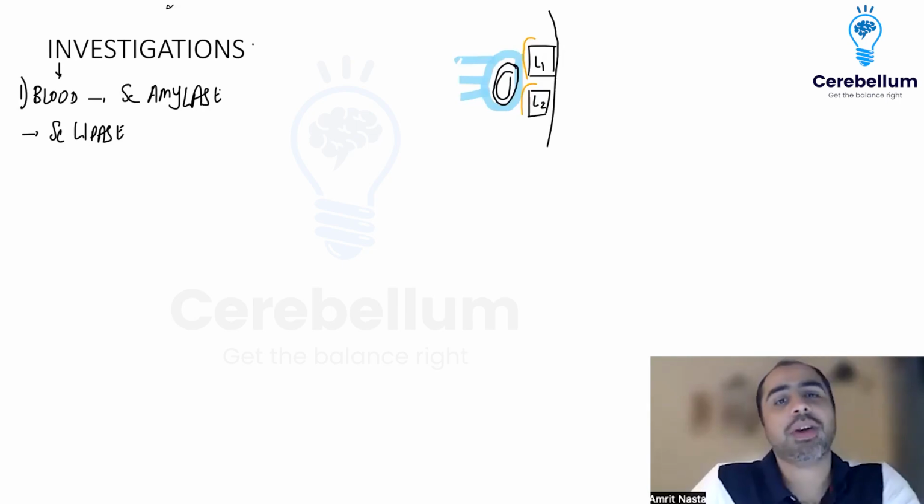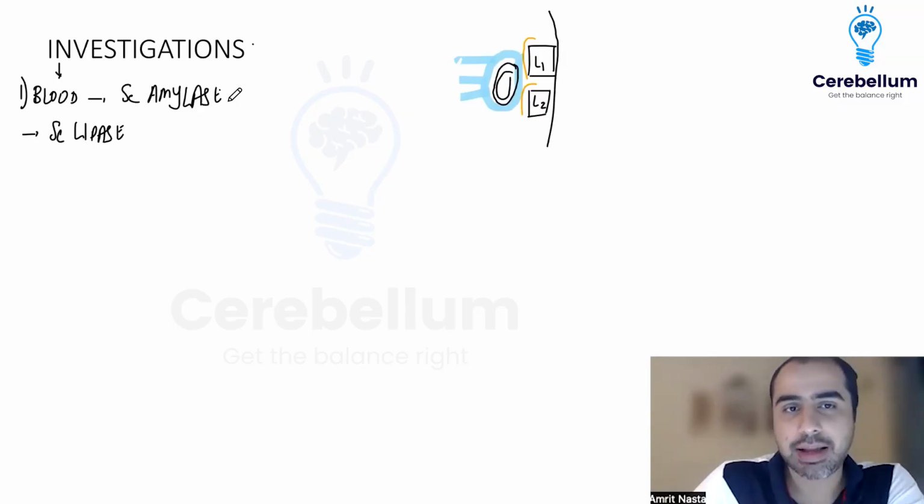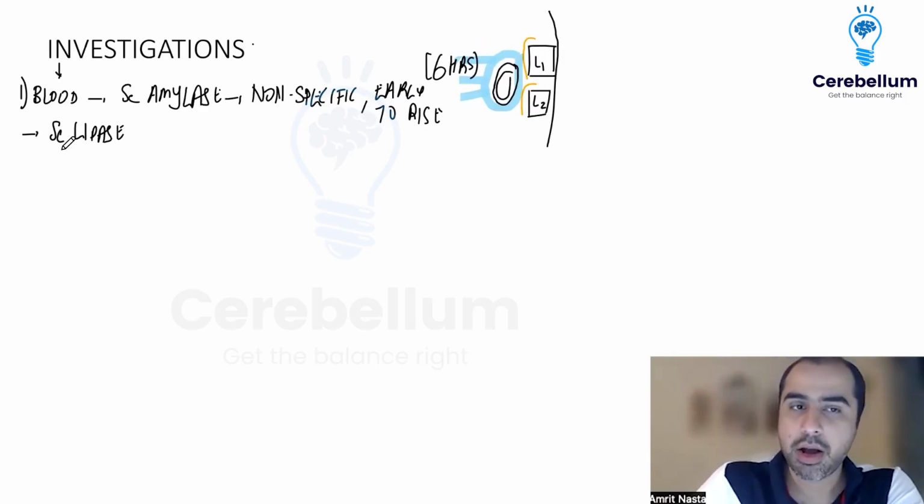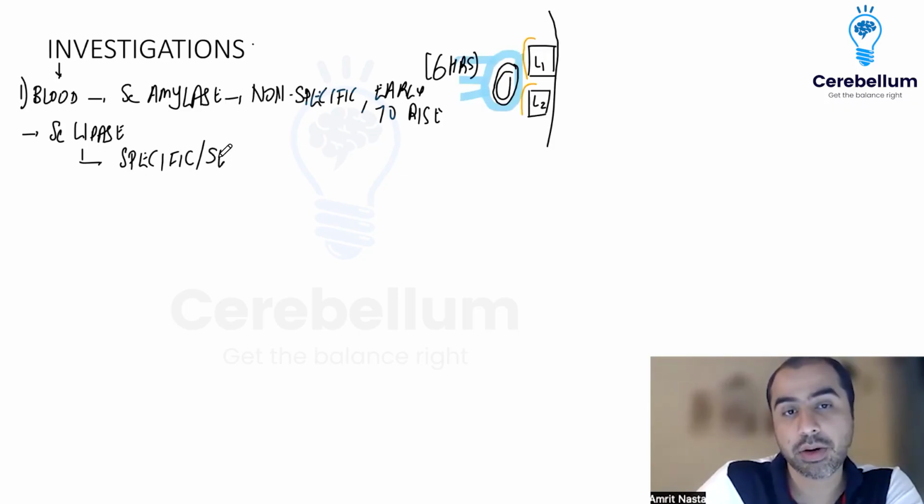Depends on time. Okay. So amylase, the thing is, it is very non-specific because amylase can get elevated in anything, any acute abdomen, but it rises very early. Typically within 6 hours, it will start elevating. On the other hand, lipase is very specific. It is very sensitive also. It's a very good test.